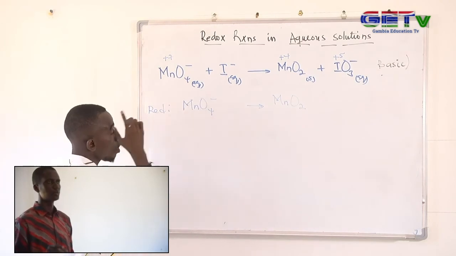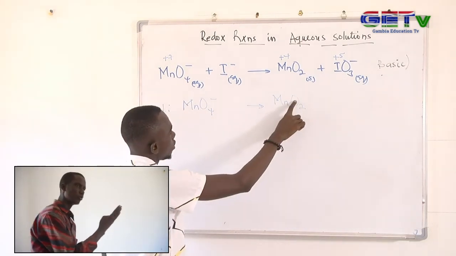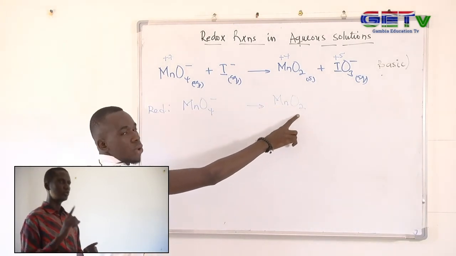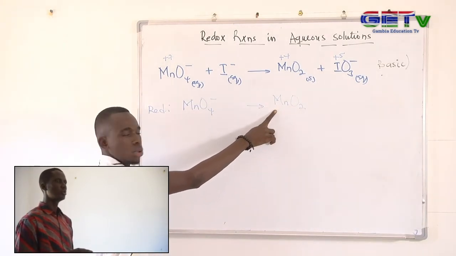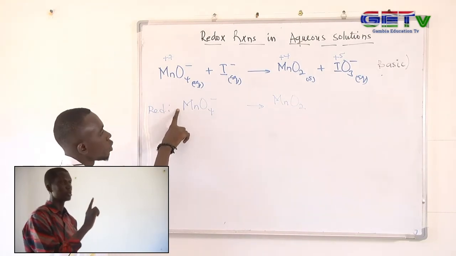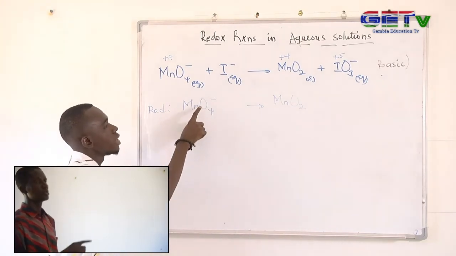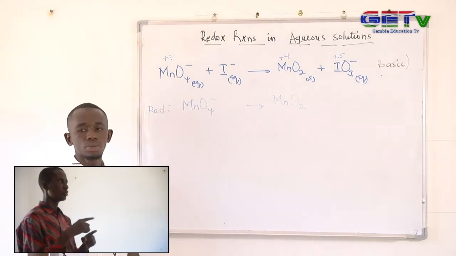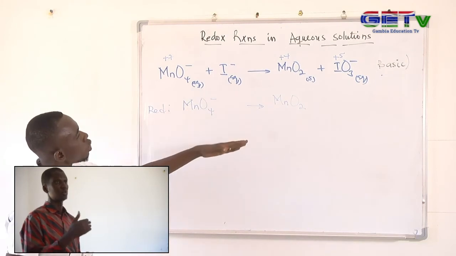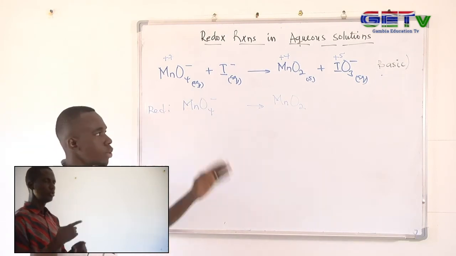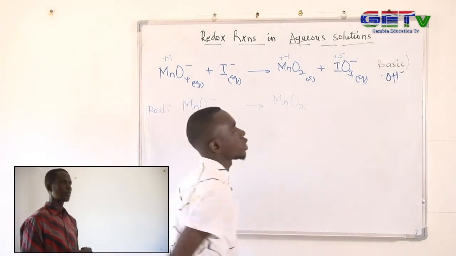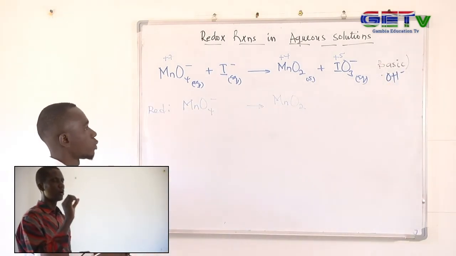We have oxygen 4, and here we have oxygen 2. So if we add 2 here, the oxygen will be 4, but the manganese also is going to be 2. So therefore, we need to add 2 here also. And if you do so, this manganese also will be 2, and then it will increase the oxygen atoms to 8. So we try and add water molecules and also hydroxyl ion, because in basic medium we need OH minus and also water molecules.